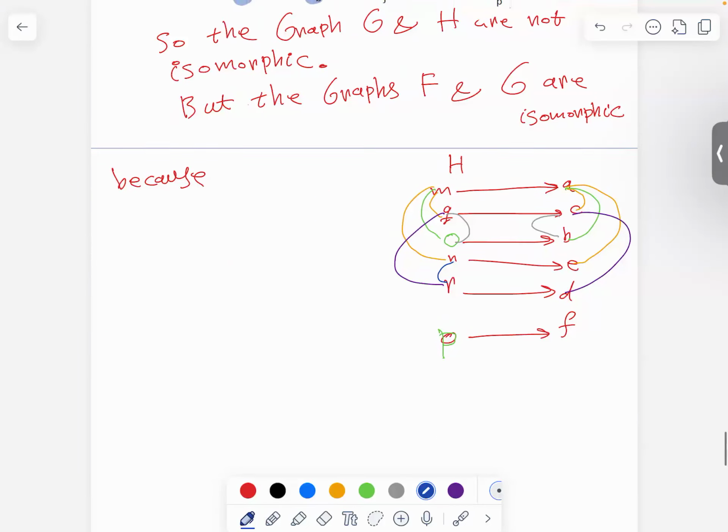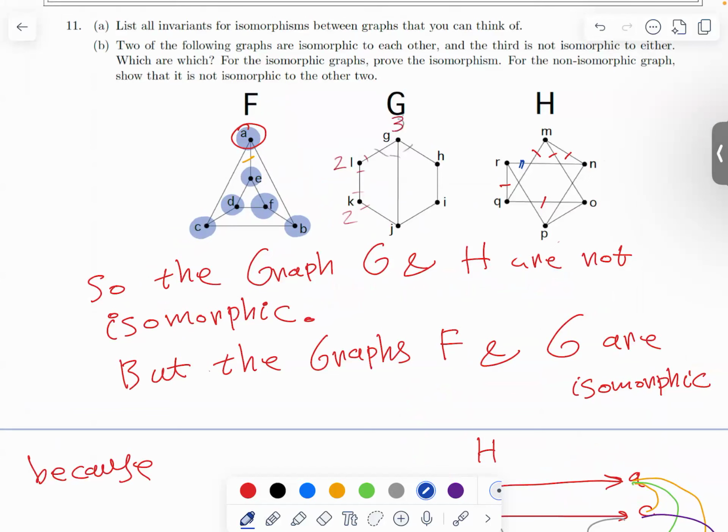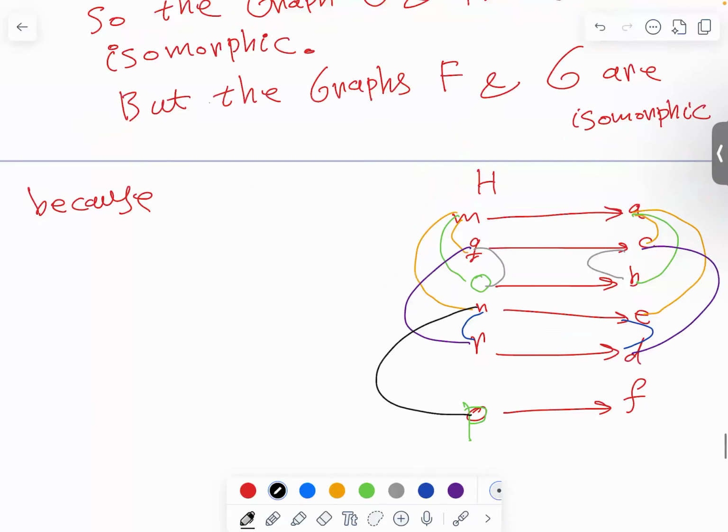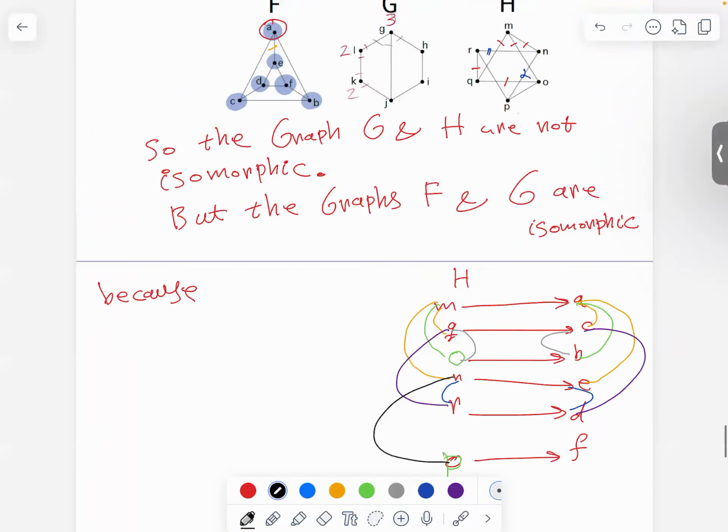Which edges have been left now? If you could help me. NP. Okay, I will write NP and use blank. So where is the NP here? Is there any edge between E and F? Let's see, E, F. Yes.